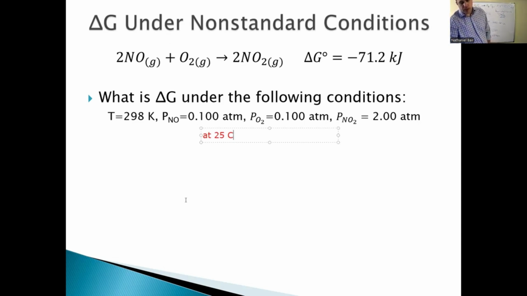Delta G equals delta G standard plus RT ln Q. You're going to have to write a mass action expression. Here's your Q values, the initial partial pressures. And see if you can find it's spontaneous under standard conditions, but we're not at standard conditions because we only have 0.1 ATM of these guys and we got 2 ATM of that guy. So go ahead and give that one a shot. You got this, folks.